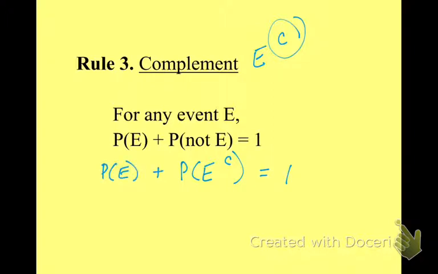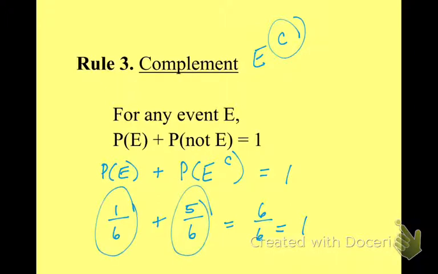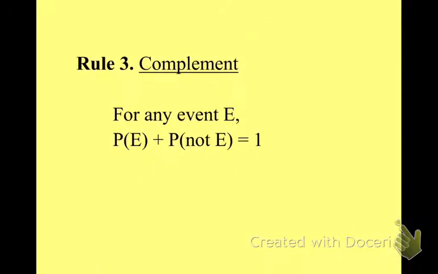For instance, the probability of rolling a 1 on a die would be 1 out of 6, because I have a 1 in 6 chance of rolling a 1. The probability of not rolling a 1 would be rolling 2, 3, 4, 5, or 6, which is 5 out of 6. And that adds up to 6 out of 6, which is 1. So add those together and you get 100%. There's a 100% chance of either rolling a 1 or not rolling a 1.